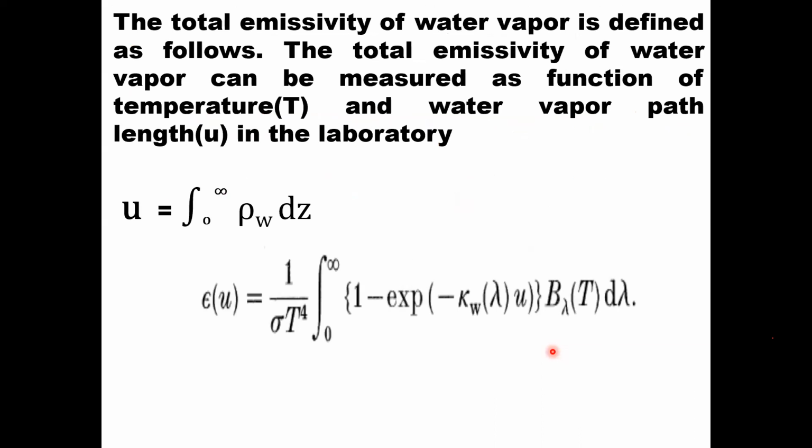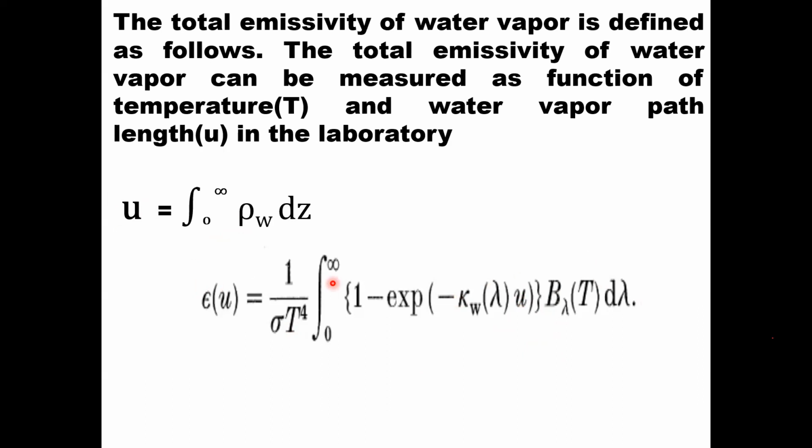Now, emissivity is defined as follows: 1 minus e to the power minus absorption coefficient times the path length of water vapor, times the Planck black body function. This is a well-known definition of emissivity. And the path length is nothing but the total amount of water vapor in the vertical. It is given the symbol U here. And so this is an integration in wavelength, which we cannot do because of the complexity of the bands.